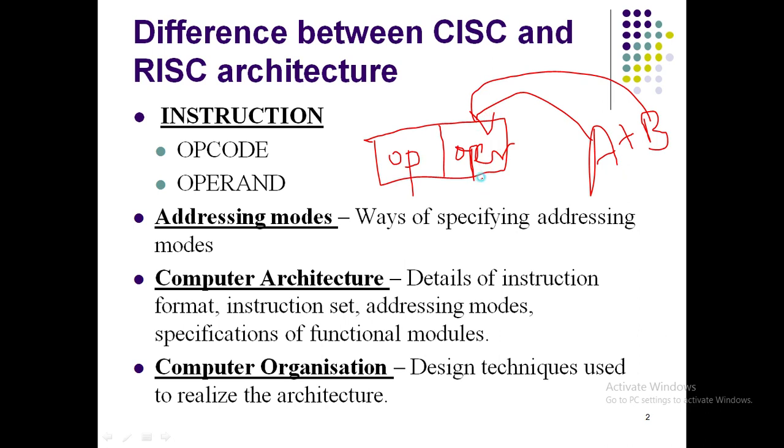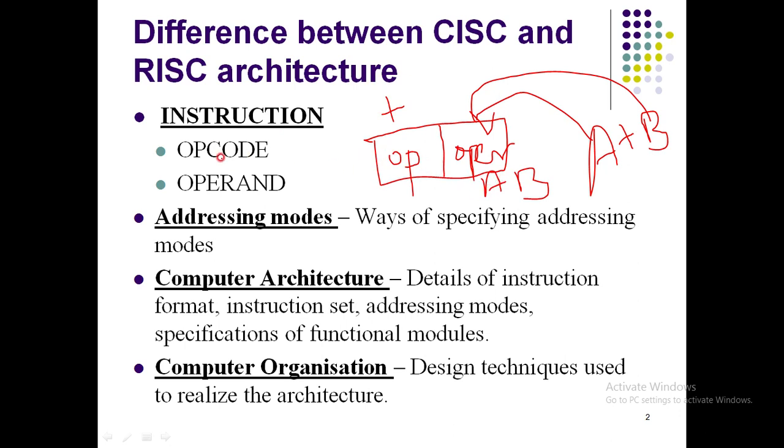A and B will fall into the operand section, and the addition, whatever the plus sign you can see here, will come in your opcode section. So therefore an instruction consists of two things. One is opcode, which is what operation you want to do. The other one is operand, on what you want to do this addition.